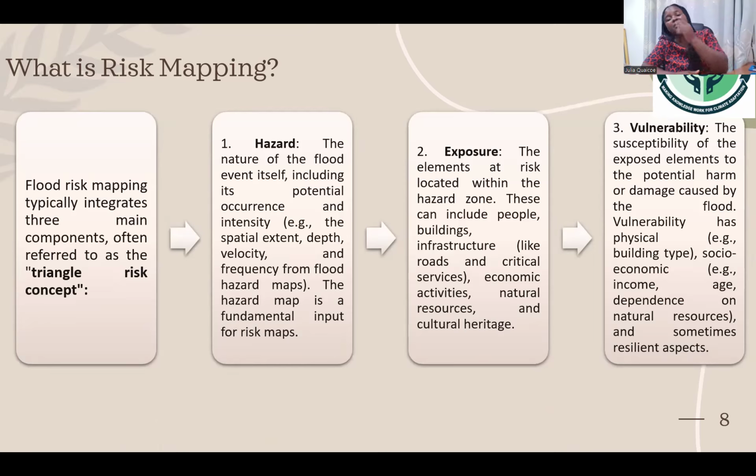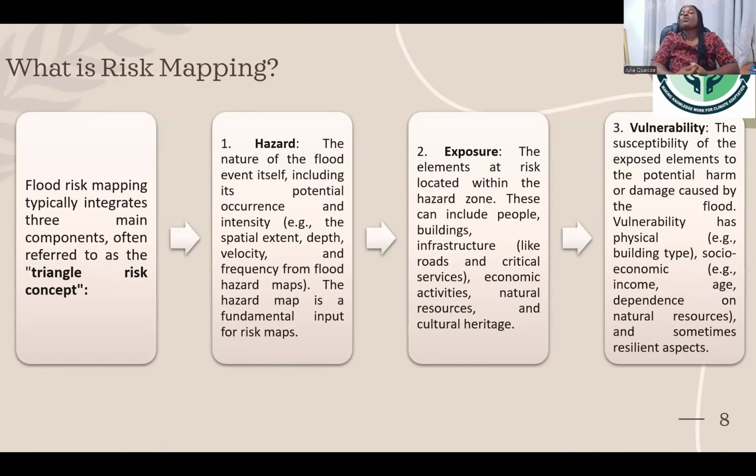So if you are mentioning elements at risk, we mentioned that buildings are found there, so buildings are exposed. But if we are also looking at the vulnerability, we are just looking at the potential harm or damage that can be caused.